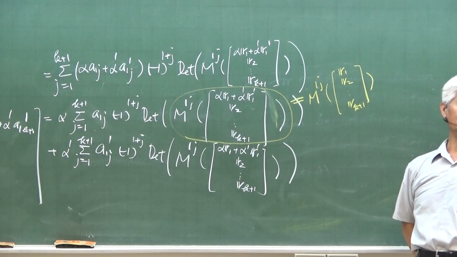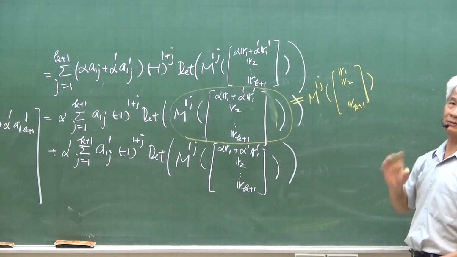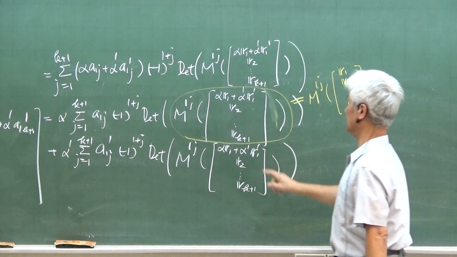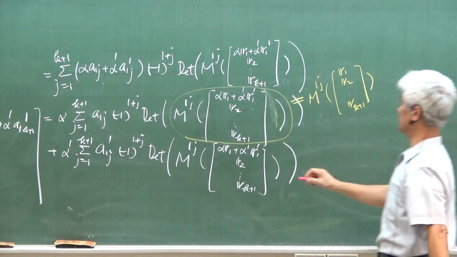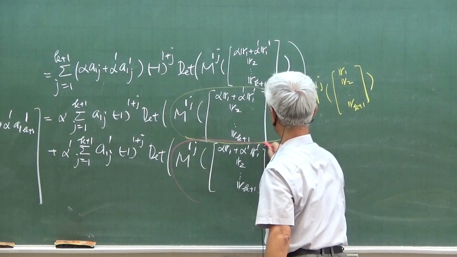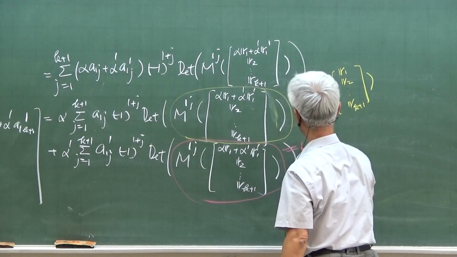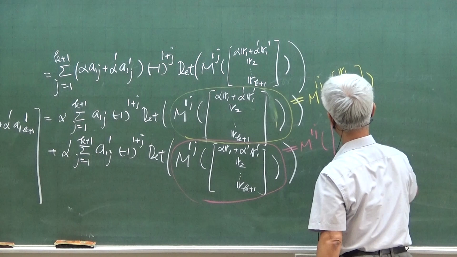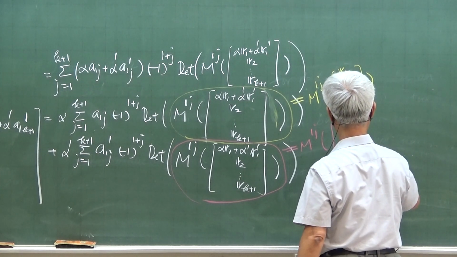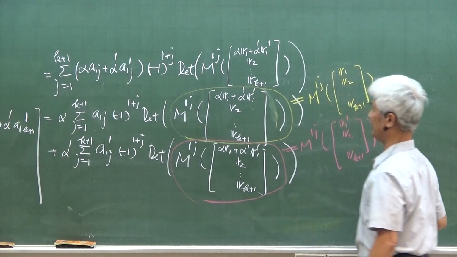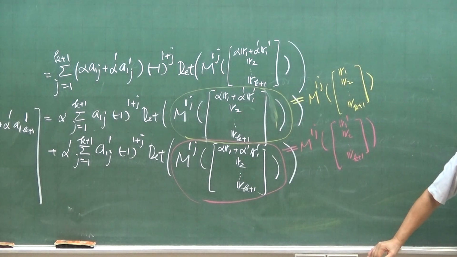Similarly here, my purpose is to replace this minor by M1j prime. Any questions?